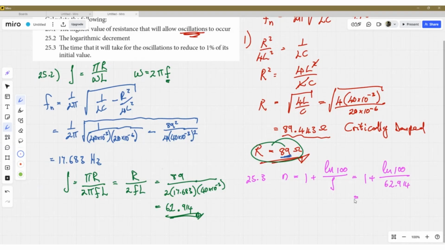You can have fractional oscillations, that's fine. This gives us 1.073 oscillations.